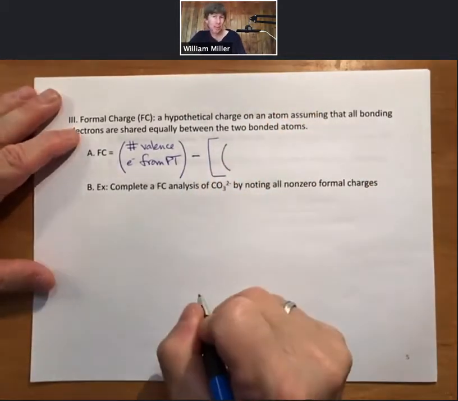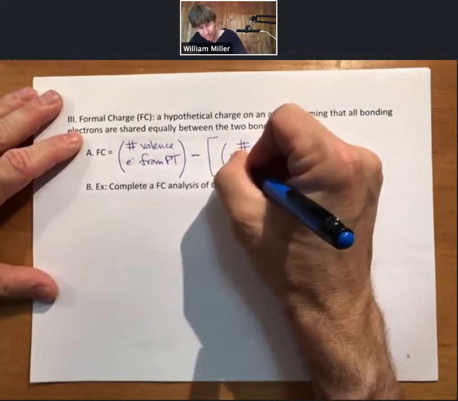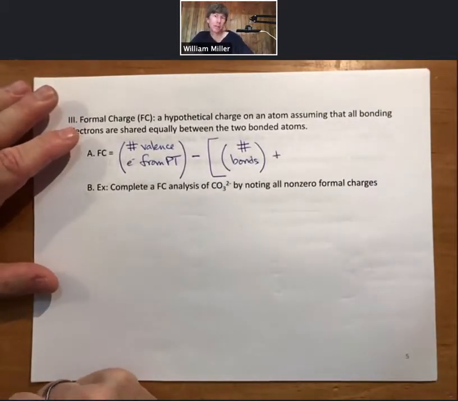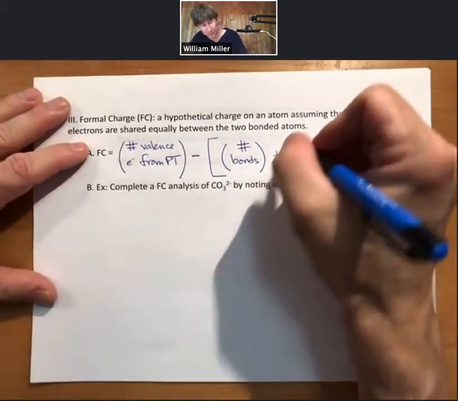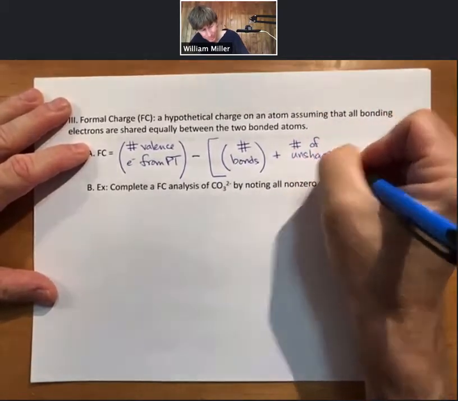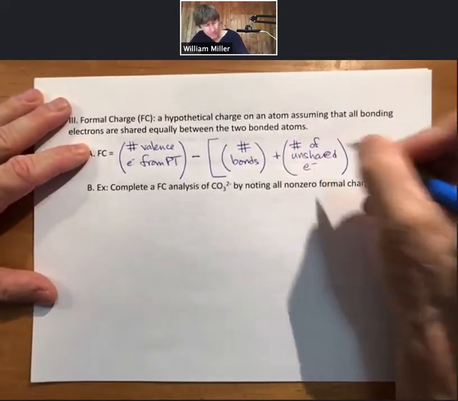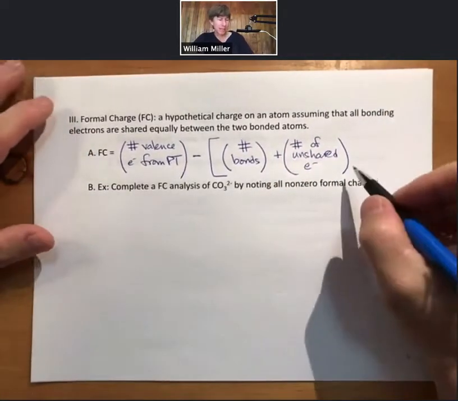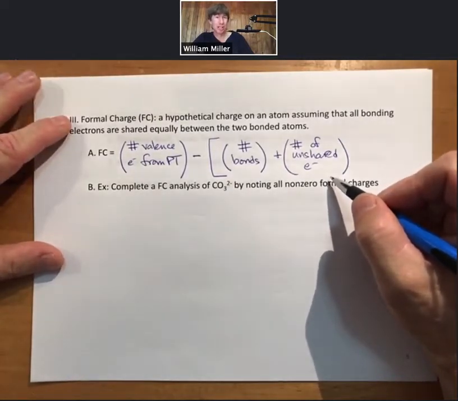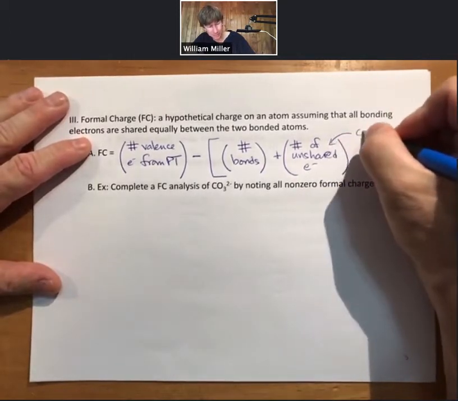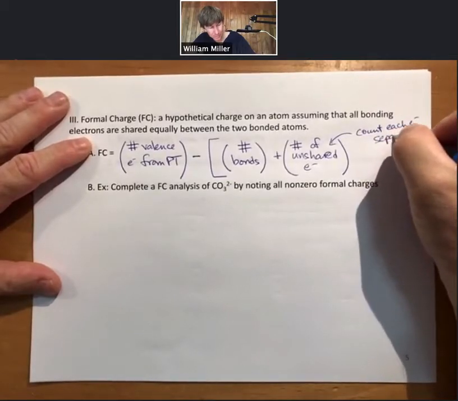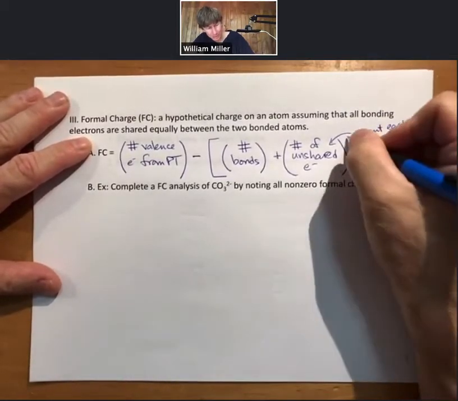The first thing is the number of bonds, and the number of unshared electrons. Note, we oftentimes think of electrons in pairs, but we're going to count each electron separately.